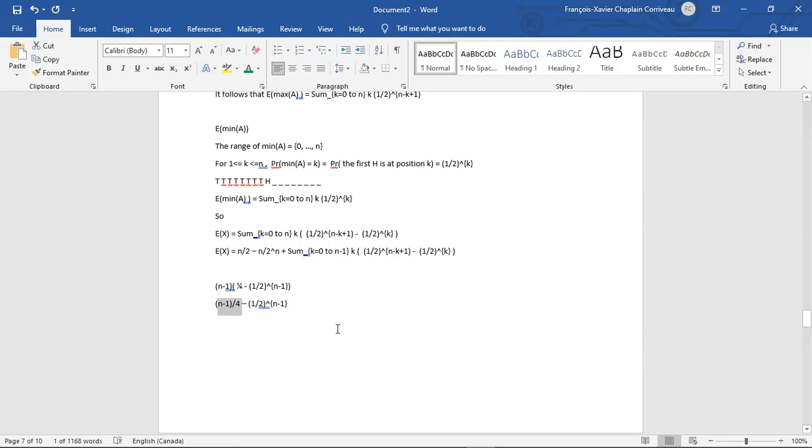What can I do with that? So try to put this on the same denominator. So n minus 2 minus 1 over 4. Is this equal to n minus 1? What is this equal to? How do I simplify this?